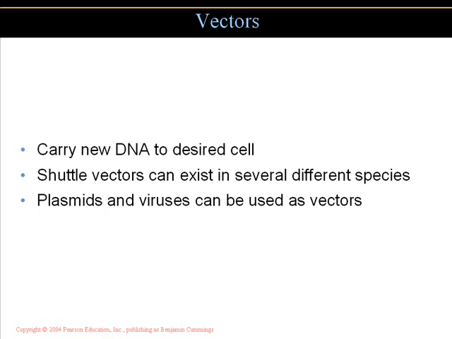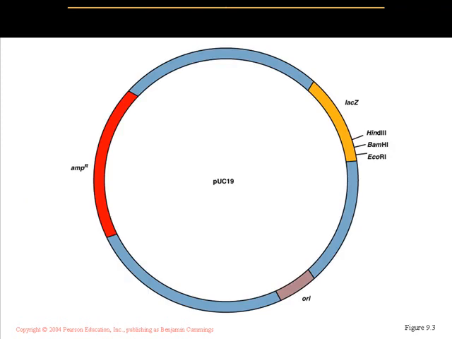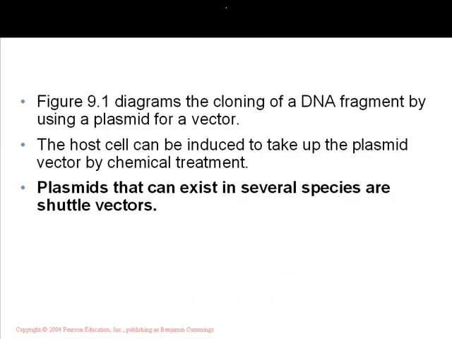Later on in the semester, we talk about blood-borne diseases and microorganisms that can cause different diseases. There are various vectors. A mosquito is a primary vector that is able to carry disease from one organism to another. And so a little bit different than what we talk about here. We talk about plasmids and viruses being vectors.